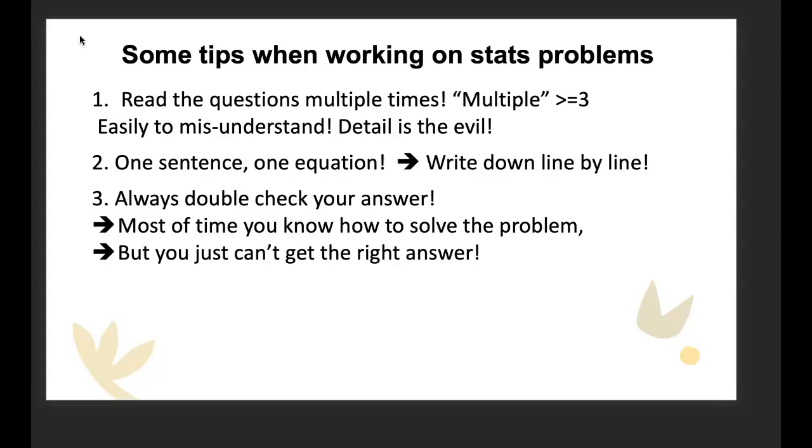Number 3, always double check your answer. That's very important. I always see students who actually know how to solve the problem, but somehow cannot write the right answer. Why? Because of various mistakes, in particular algebra mistakes. So in other words, you want to slow down and do the calculation very carefully.